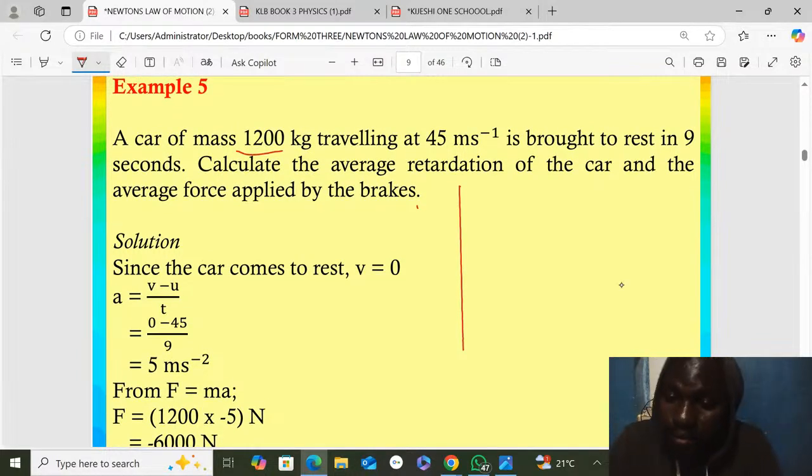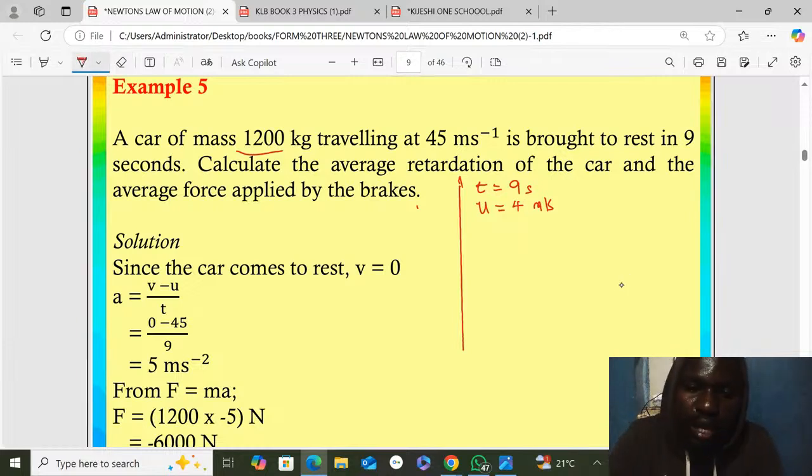So in this case, the first thing is to analyze the question. You have a car that is in stable motion and is now coming to rest. We have been given time t as 9 seconds. We have been given u as 45 meters per second. Then you are told that it came to a stop, or else it is retarding.